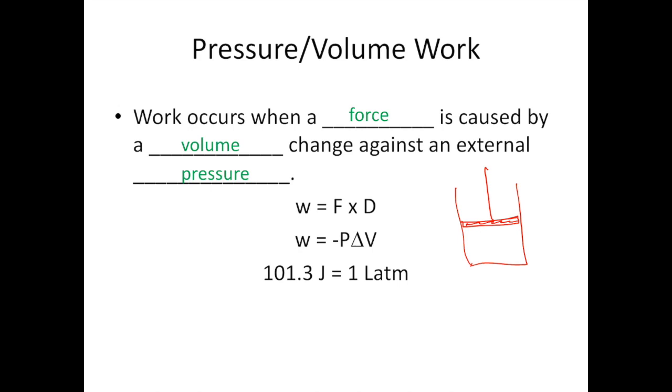You have an external pressure that's pressing down, P external. Here's your volume. Now a force causes the piston to go down or to go up, which is going to change the volume that exists in here. That's your distance. So the P external is your force, and there's your distance.